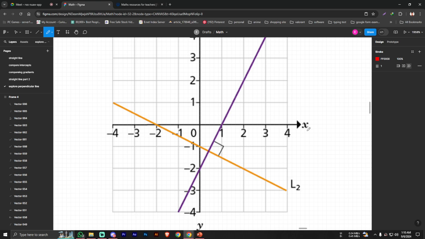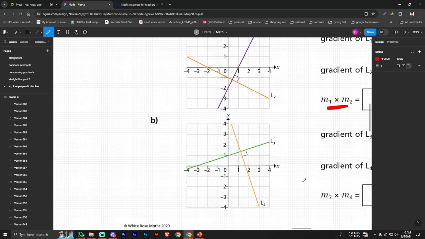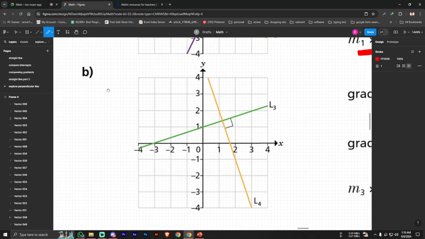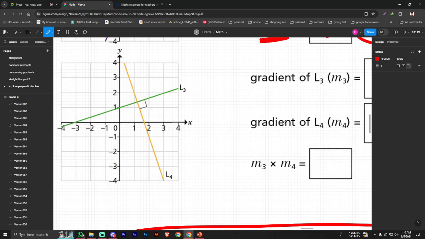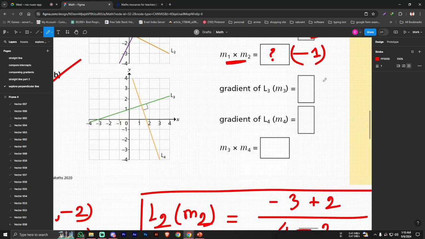That's the theory or observation here. Same thing we do with the second one. Find M3, M4 and then multiply them. Same type of question.